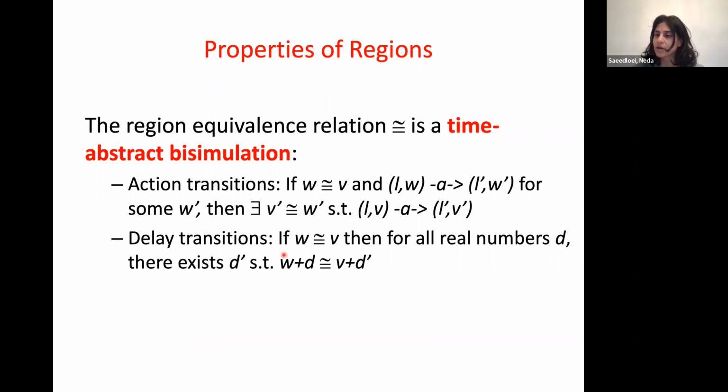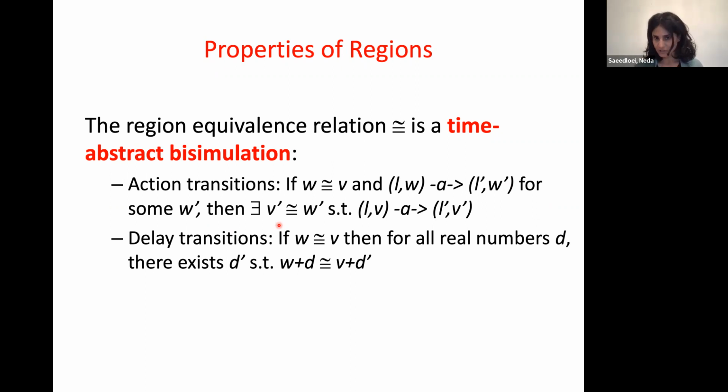So what is time abstract bisimulation? We say if two clock valuations V and W are equivalent, and from location L with clock valuation W, it is possible to take action A to go to location L prime with clock valuation W prime, then there must exist some clock valuation V prime which is equivalent to W prime, such that from location L with clock valuation V, I can take the same action A and go to L prime, V prime.